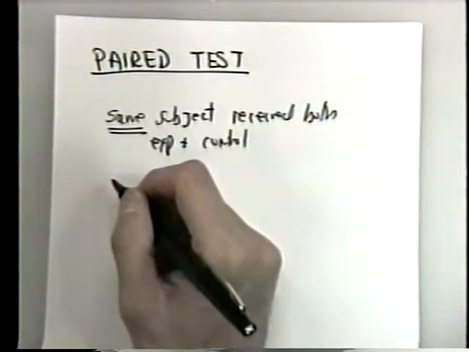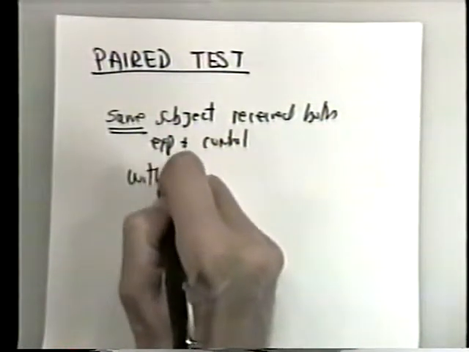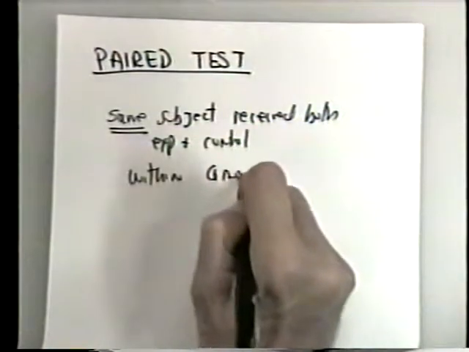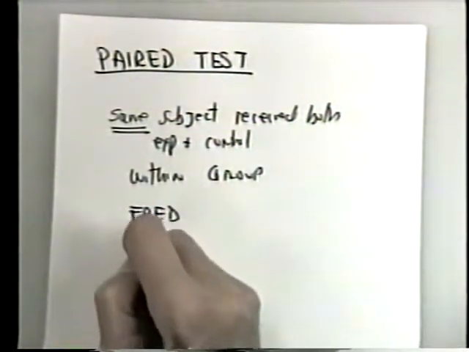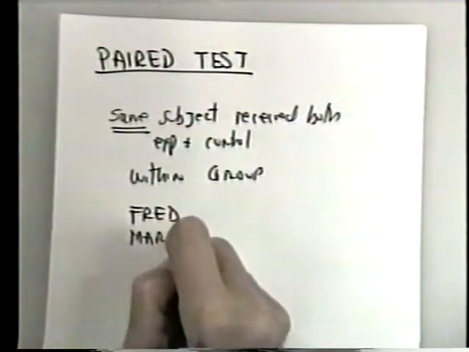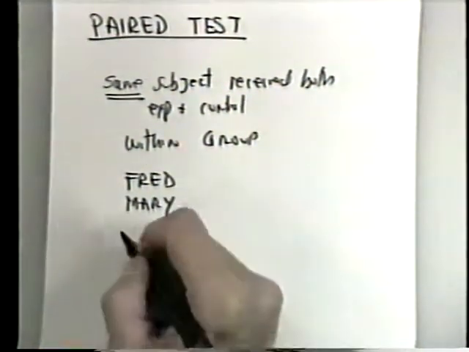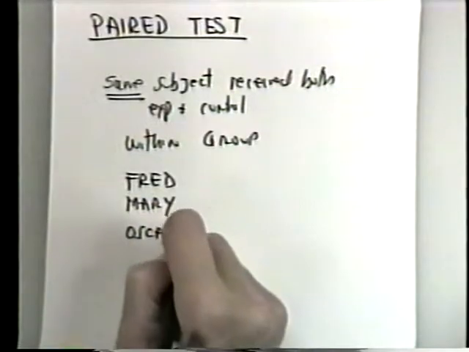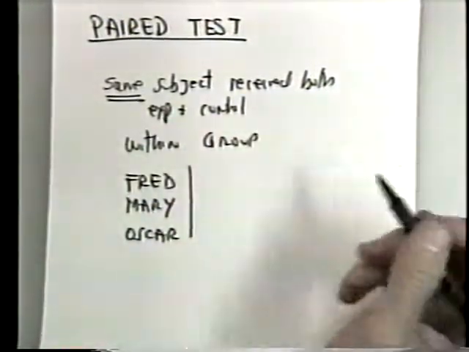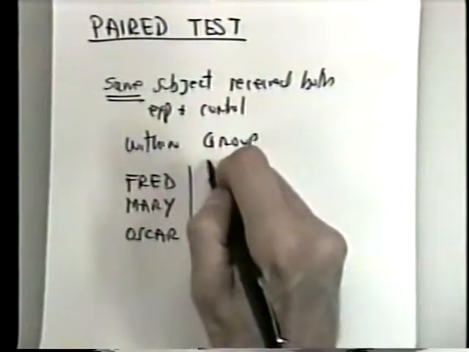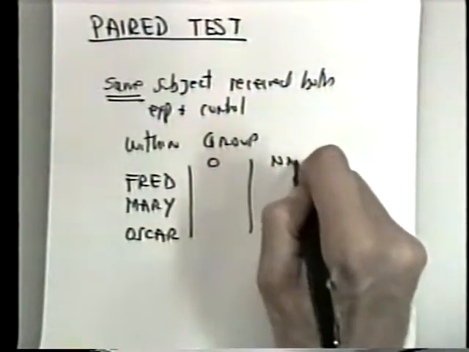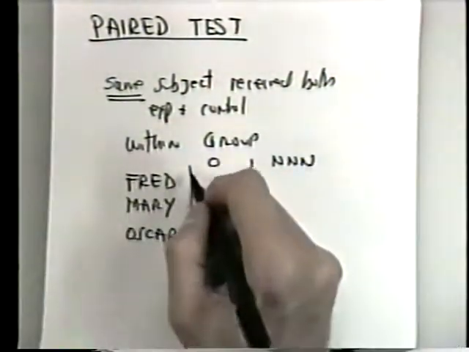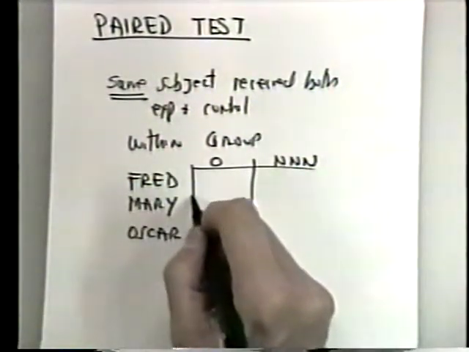Within group, right. So if we have three people in the experiment, Fred, Mary, and Oscar, and we test their reactions when they have no alcohol and when they have enough Guinnesses to be drunk, and we're looking at their reaction time.